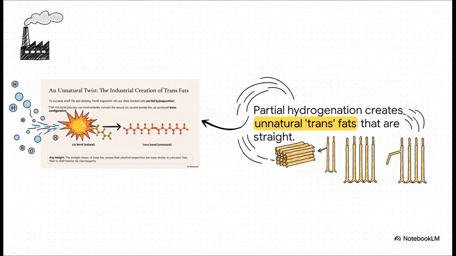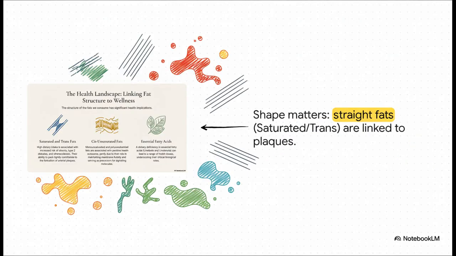It's straight. And this is where health comes into play, because it's all tied directly to shape. Those straight, tightly packing fats, both saturated and the unnatural trans fats, have been linked to the formation of arterial plaques. But on the flip side, the naturally kinked cis-unsaturated fats are absolutely vital for that cell membrane fluidity we talked about and for overall good health.